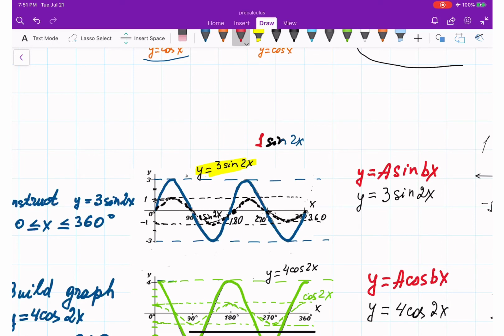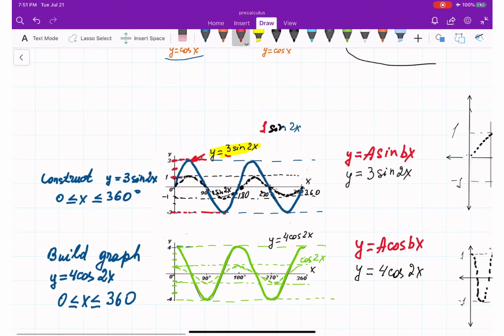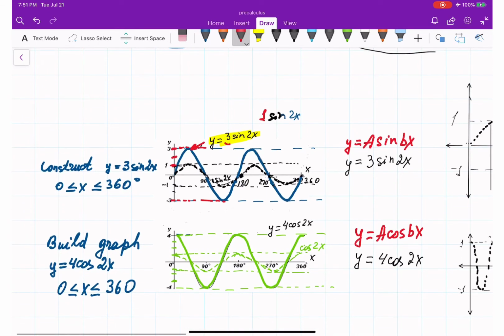But here we have 3. So which means, look here, 1, 2, 3. So these black waves we are taking and stretching to positive 3 and to negative 3. And we didn't shift anything. We just pulled up and pulled down. And this dark blue one is 3 sine 2x.